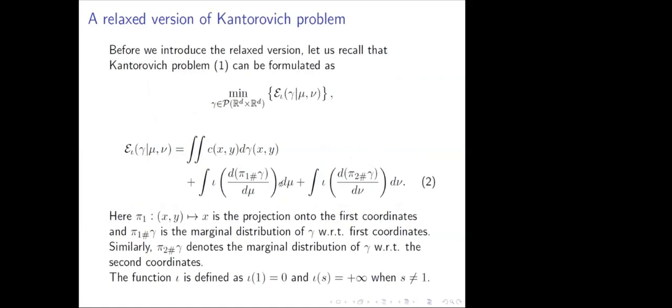As a trade-off, we need to add two regularization terms after the average cost. These two regularization terms contain the regularization function iota. The function iota is a strict regularization function. It equals 0 when the input is 1 and is positive infinity otherwise. You can easily check that this minimization problem is equivalent to the Kantorovich problem.